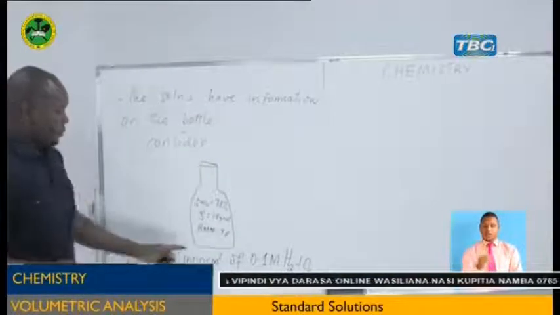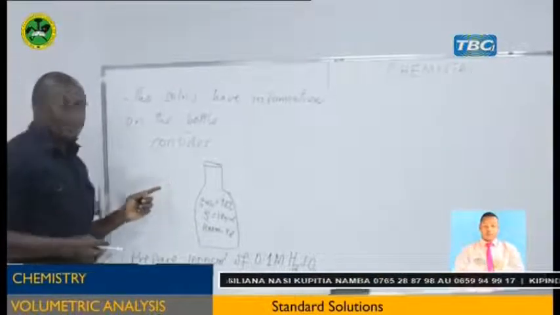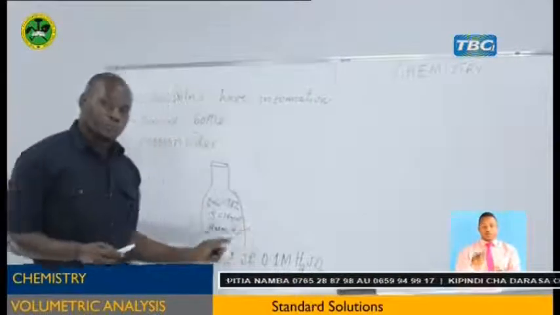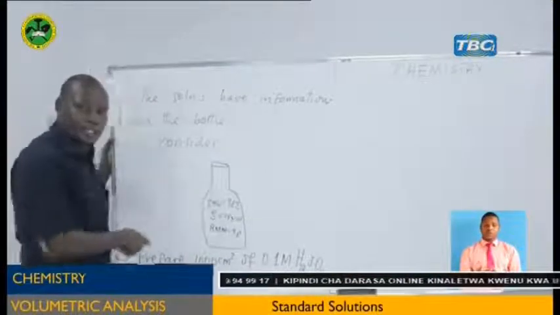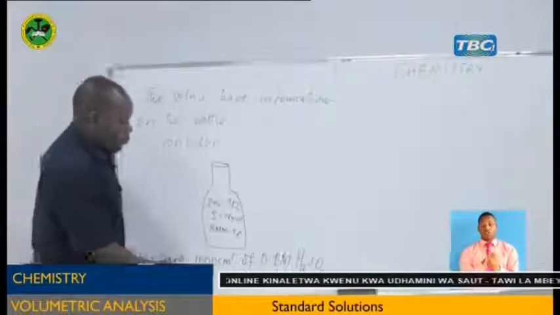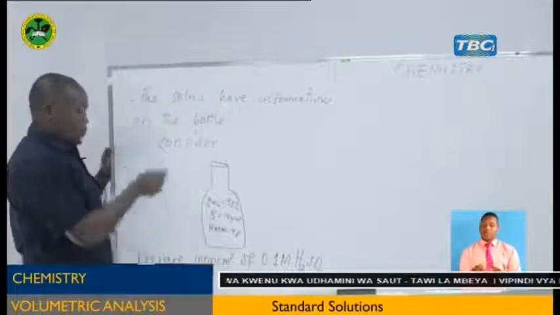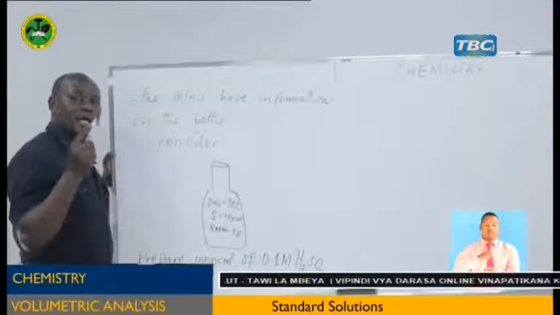Normally the reagent purchased from shops does not have the concentration indicated. So what do we do? We usually prepare this solution by a process known as dilution.